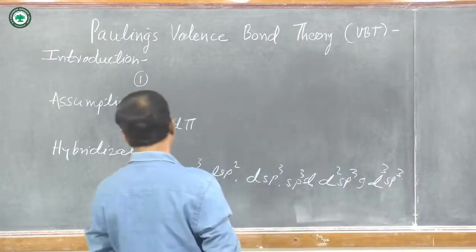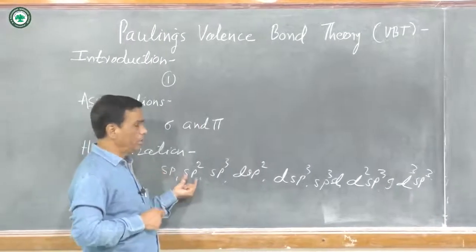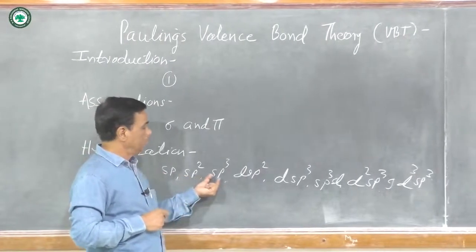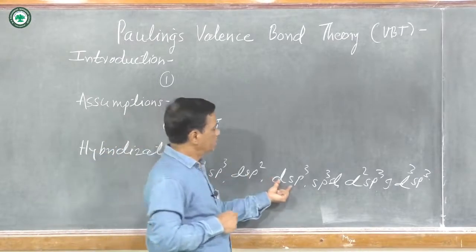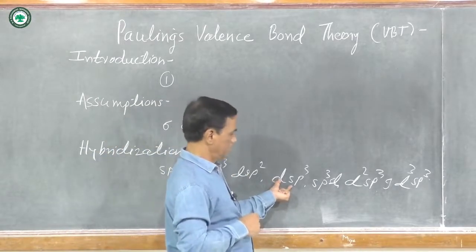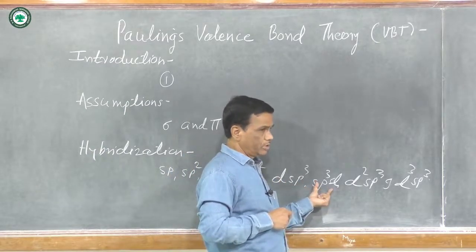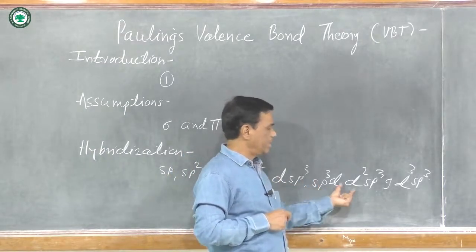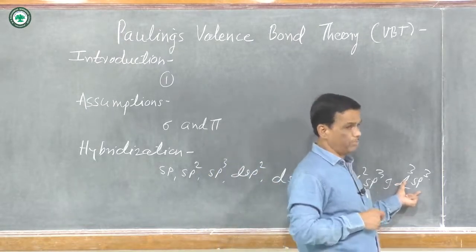The geometrical shapes for these hybridizations: this is linear, this is trigonal, this is tetrahedral, this is square planar, this is trigonal bipyramidal, this is square pyramidal, this is octahedral, and this is pentagonal bipyramidal.